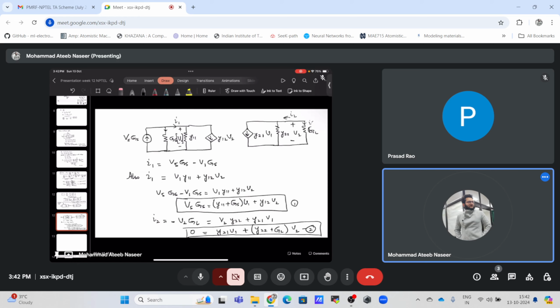So we got the two-port network representation of the system when we have this load as well.